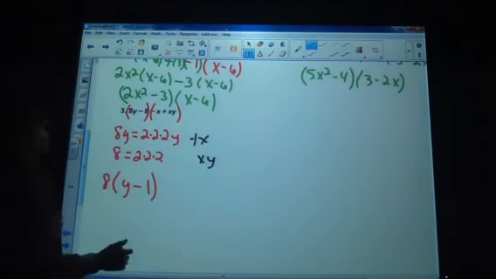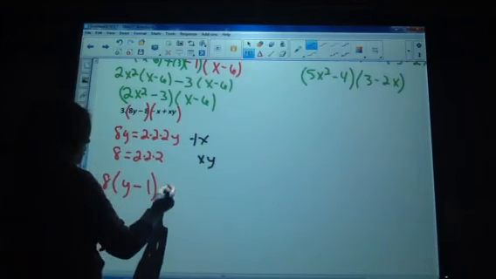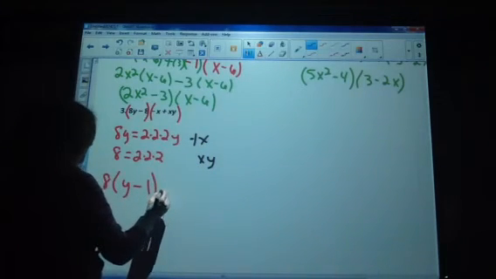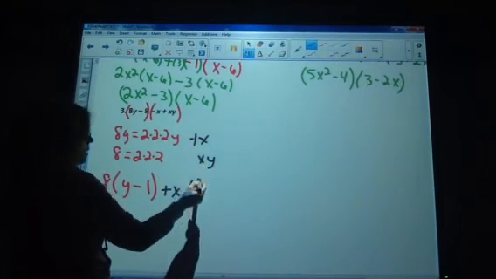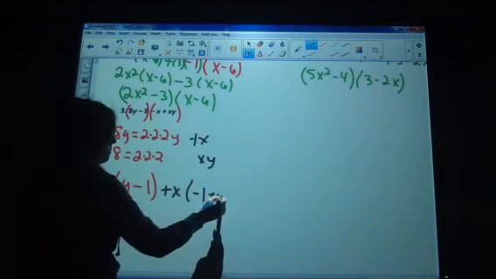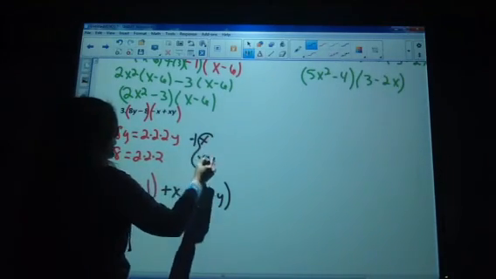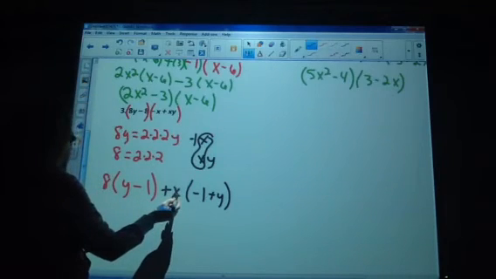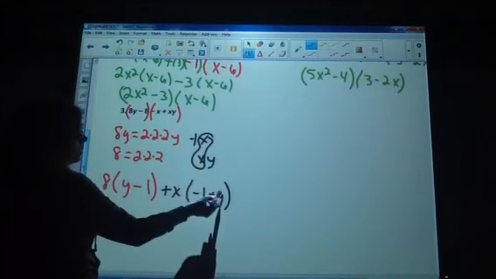All right, so what do they have in common? They have this x in common. So we're going to pull out this x. And inside, you're going to have a -1 plus y. Y'all see how I did that? X is what is common, so it's a positive x. Inside is -1 plus y.